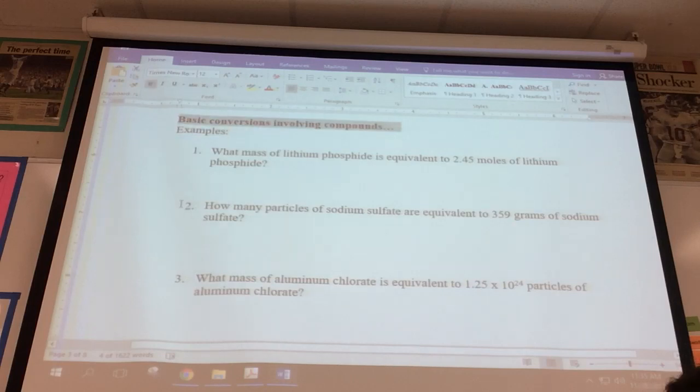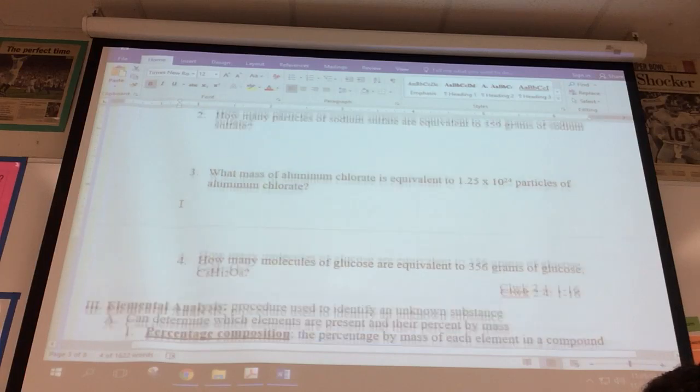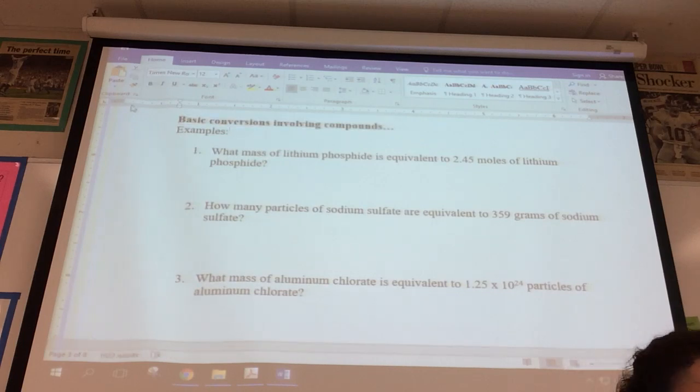So this is exactly what we did yesterday, but instead of an element, you're going to have a compound. We're going to take a look at all of these examples together, and then you will have some practice problems to do in an effort to master this concept.